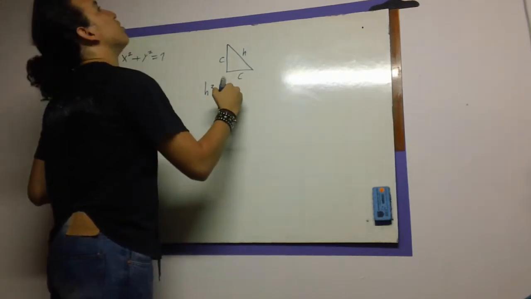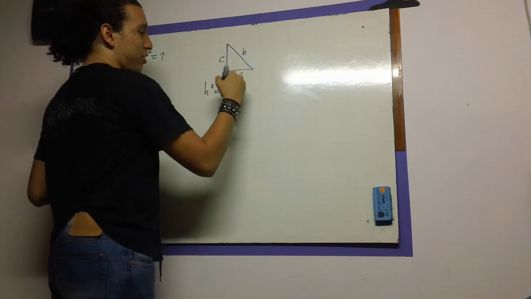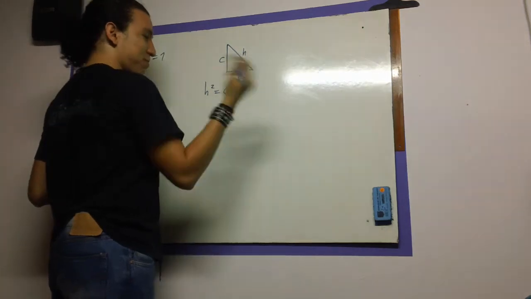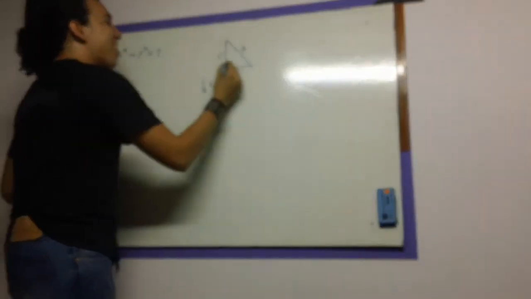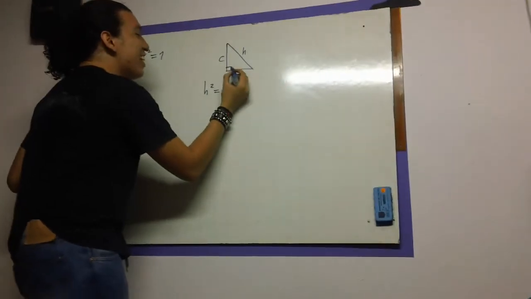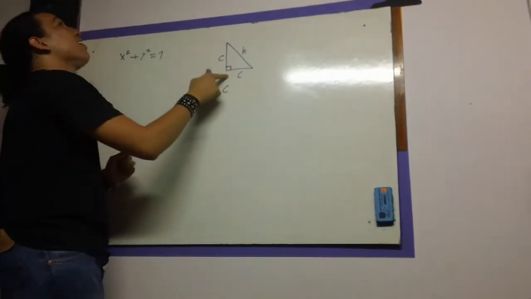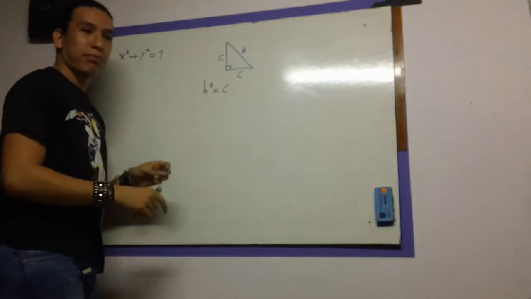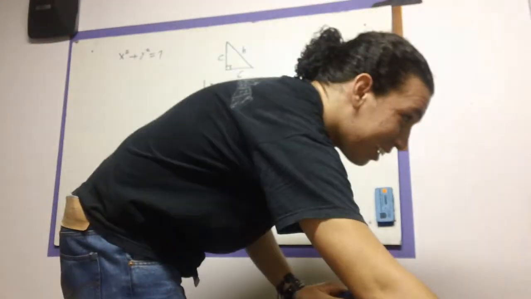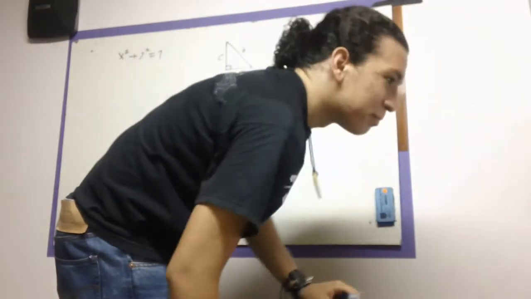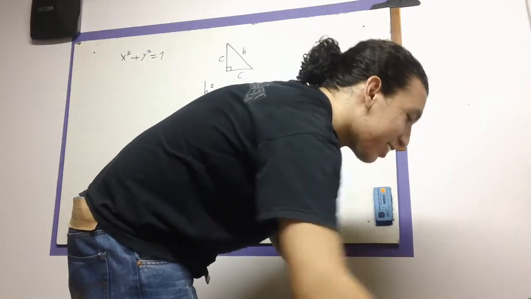The hypotenuse. How is the name of this? Cateto. I don't know. Adjacent something. You need a 90 degrees. Let's check it out. Cateto.